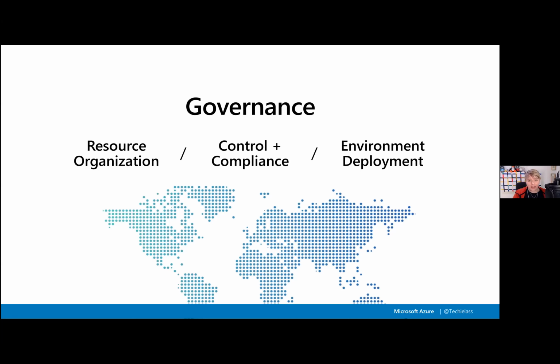And how do you make sure that everything's consistent, especially if you have a diverse infrastructure, where a lot of our customers have resources on-prem, some in Azure, some in AWS, and they need to make sure that everything's happening in the same way? You don't want to have a different naming convention for your AWS servers compared to your Azure servers, because they're all part of your infrastructure and they need to make sense.